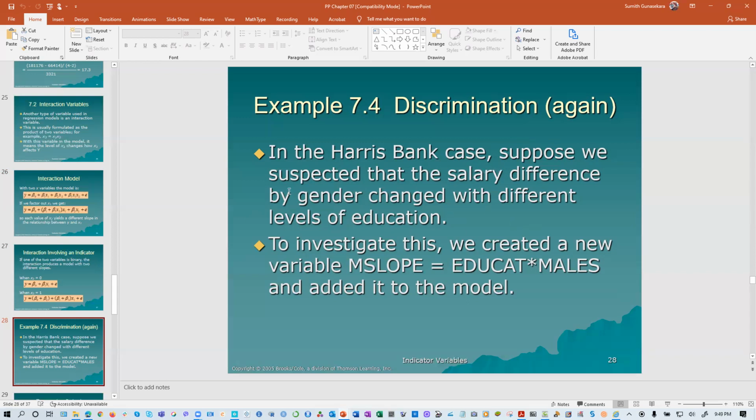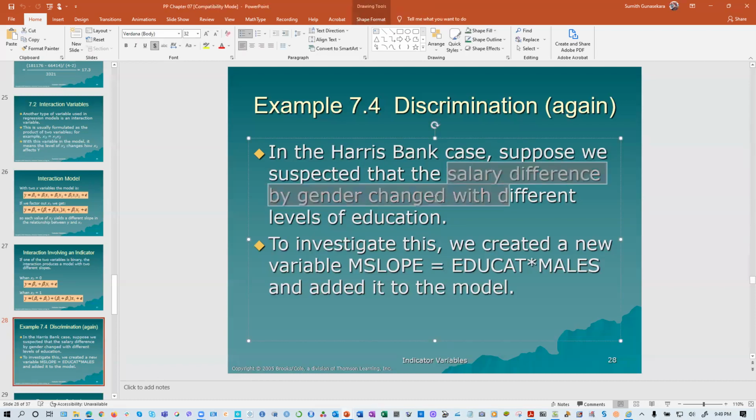Gender is already there. If that's the case, if you really want to know whether the salary difference by gender changes with the different levels of education.